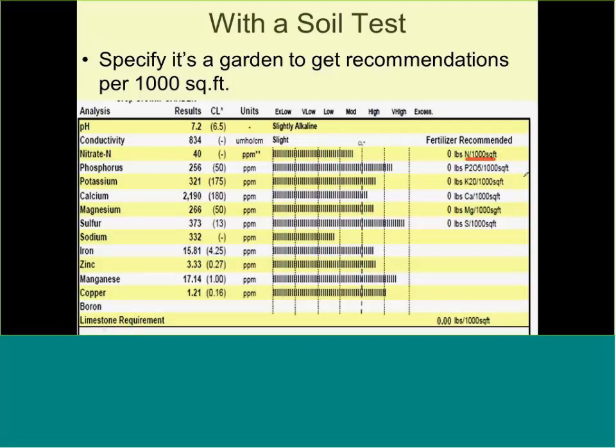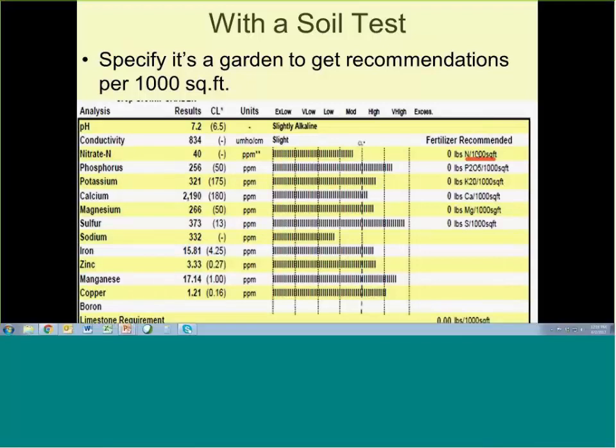And another suggestion I can make is don't just say vegetable garden. Tell them I'm growing tomato, pepper, squash, cucumber. They can give you a recommendation for each of those crops for the same price instead of an average for all the vegetables. Okay, so let's look closely.